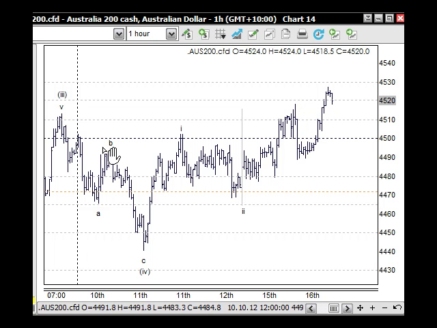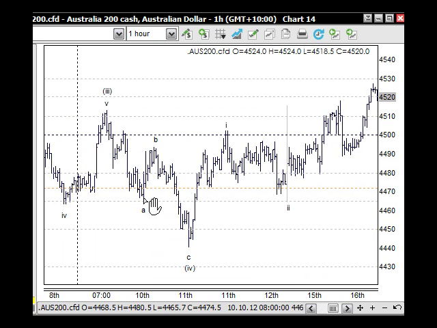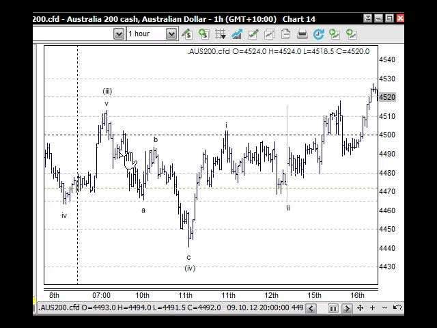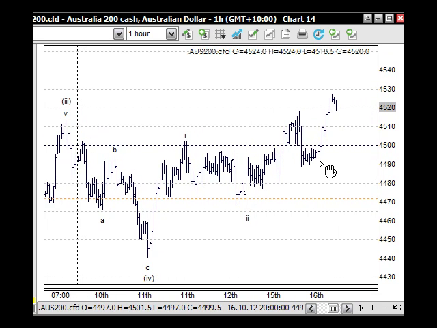It's more like a B wave, where we've got an A and a B and a C here, say for an A wave, then an A and a B and a C here for a larger B wave, and then a C wave down through here as wave 4, and then to the upside. It's just a little bit tricky. And as I said when we first arrived here, just expect corrective swings across this price here, and that's what's happening.